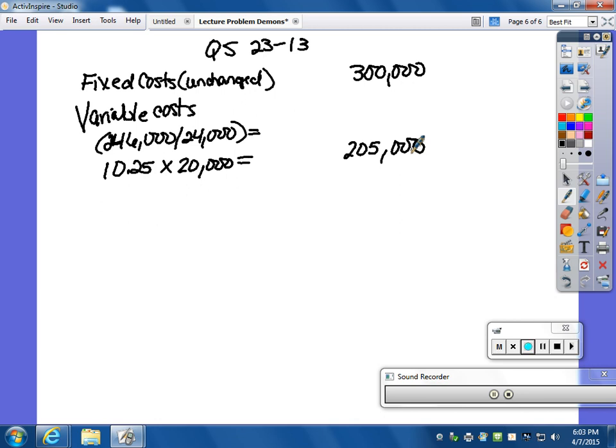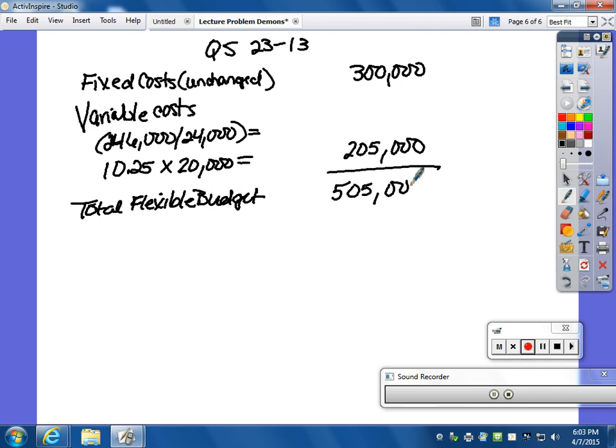The fixed costs, 300,000. So total flexible budget is going to be what? $505,000. So that's what it is.